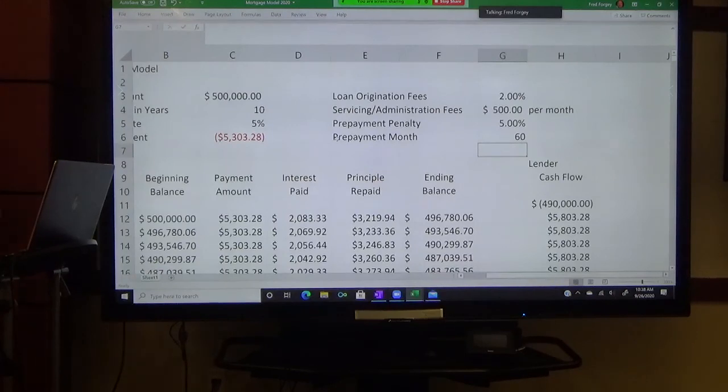Now, what I want you to do is calculate basically what would be, and I'm not going to build this one exactly the same as I did my other one, but let's just say penalty. Well, the penalty is based on what?